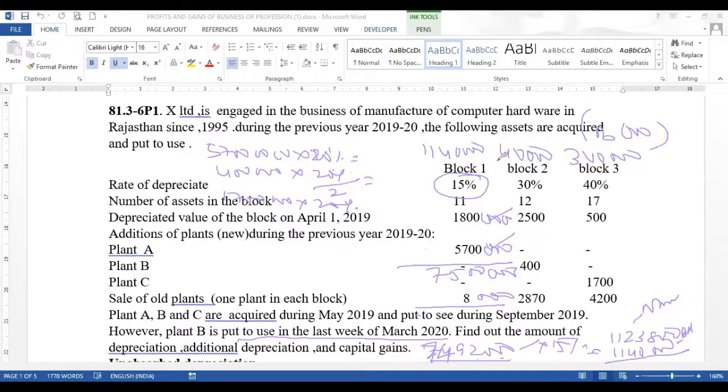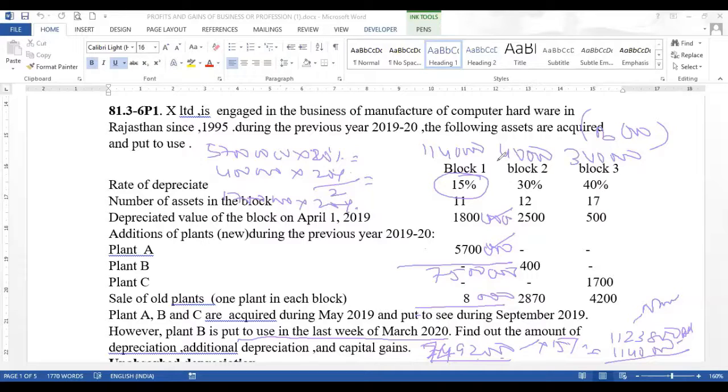9,000? No. Because this balance of 30,000 is entirely because of plant B, which has been put to use in the month of March. Therefore only half of the 30% depreciation is there. How much is 50% of that value? 4,500. 4,500 is your normal depreciation.